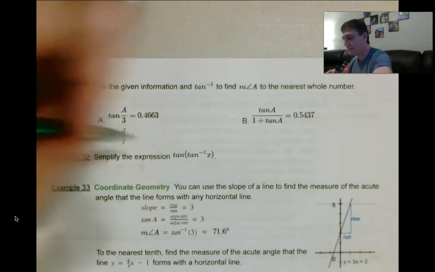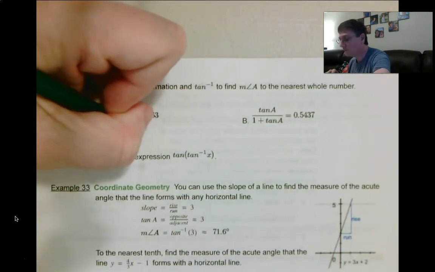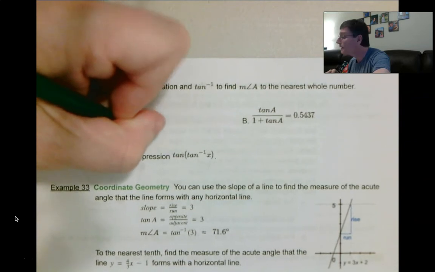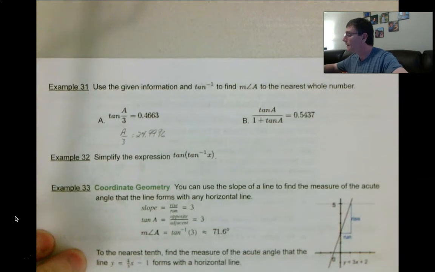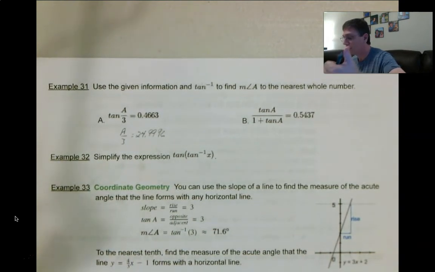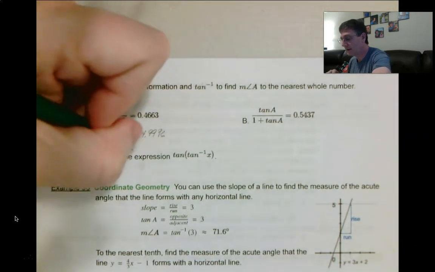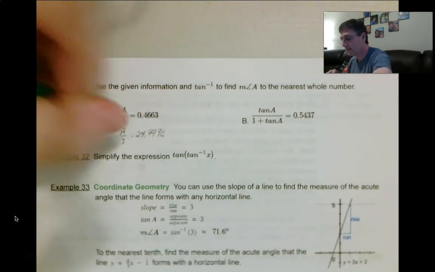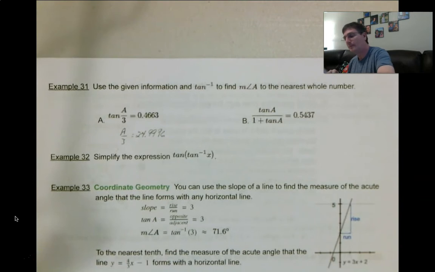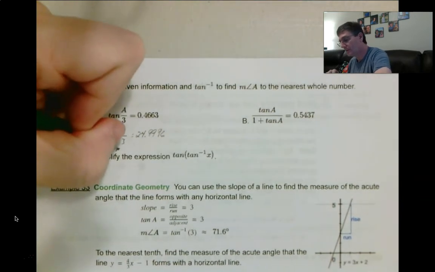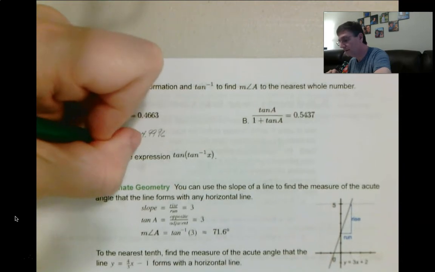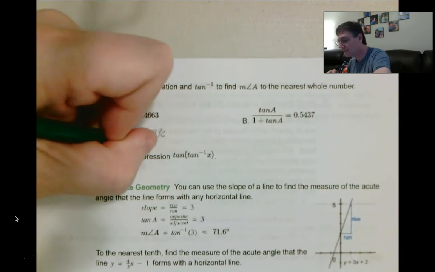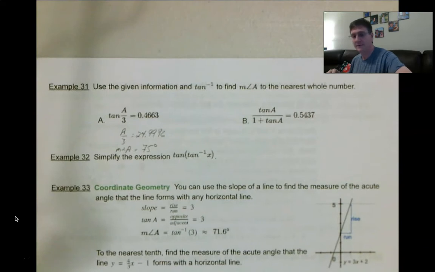Inverse tangent gives 24.9996, times 3. So the measure of angle A is equal to 75 degrees.